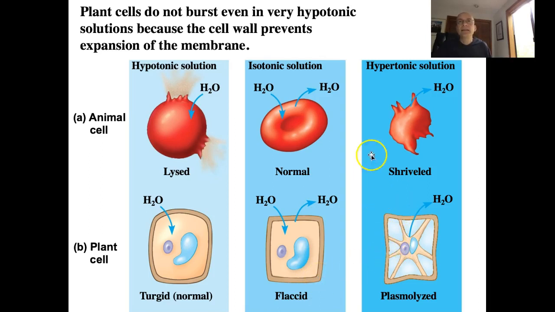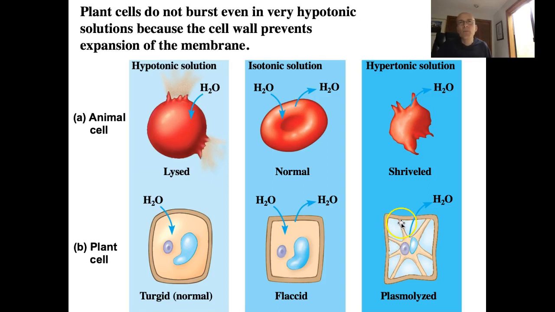But then in the case of the hypertonic solution, water moves out of the cell. And what you will see in the microscope when you look at that, and we will do that in lab, is the membrane, this is one membrane, the outside of the cell. You see these strings, they are attached to the membrane.